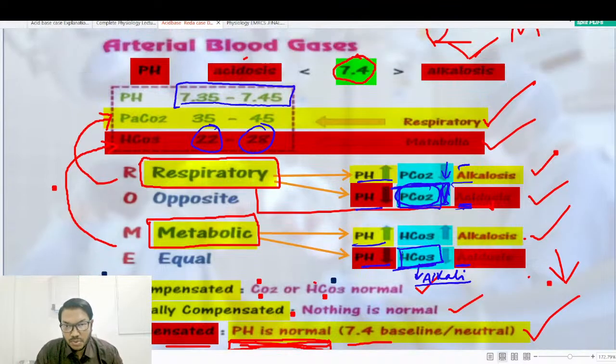Okay, so we have respiratory acidosis, respiratory alkalosis, metabolic acidosis, and metabolic alkalosis. In respiratory acidosis, what will be the picture? When you see it in the exam, you need to be very, very good in this thing.